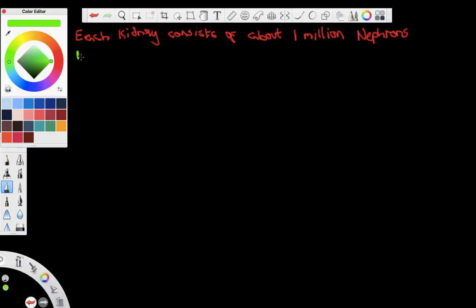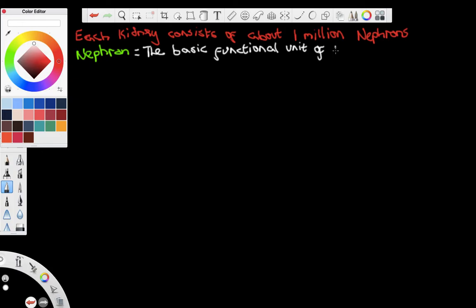Now, a nephron is a key word. A nephron is defined as the basic functional unit of the kidney which is responsible for making urine.